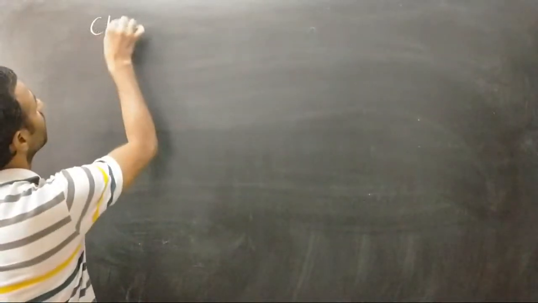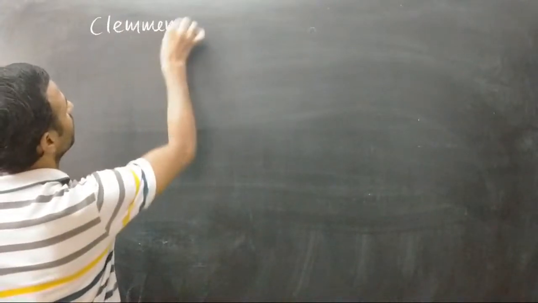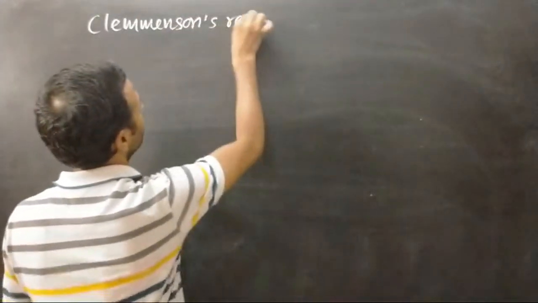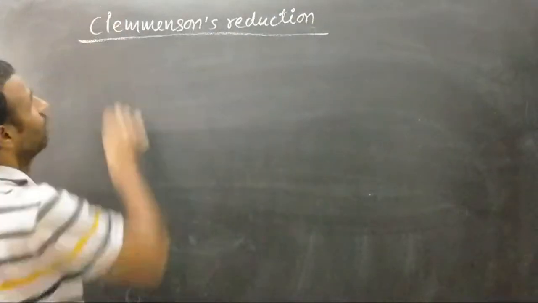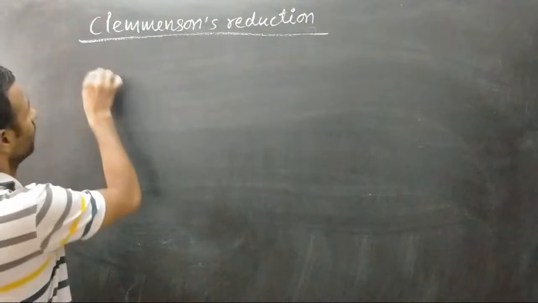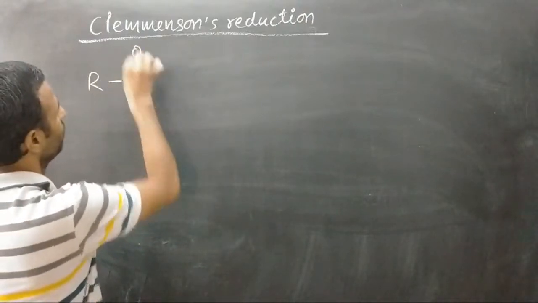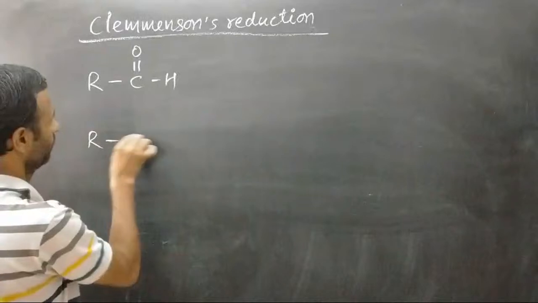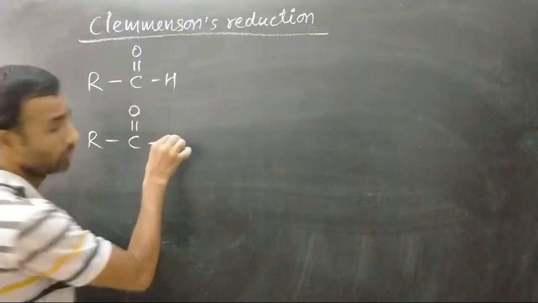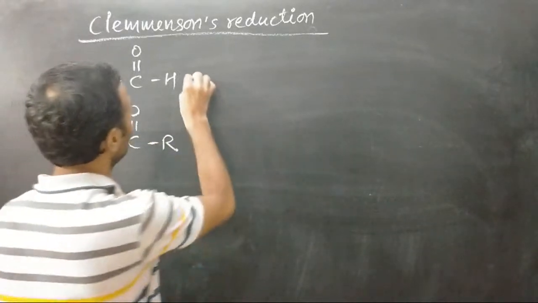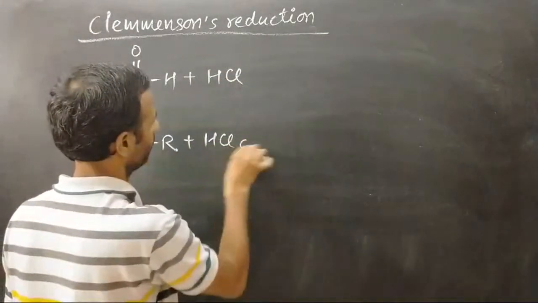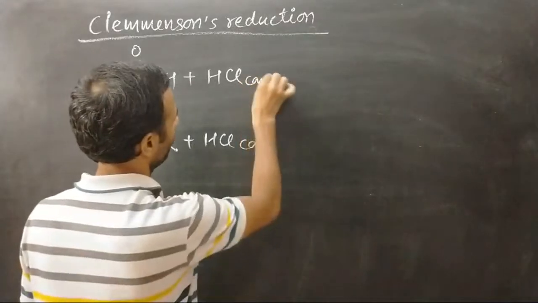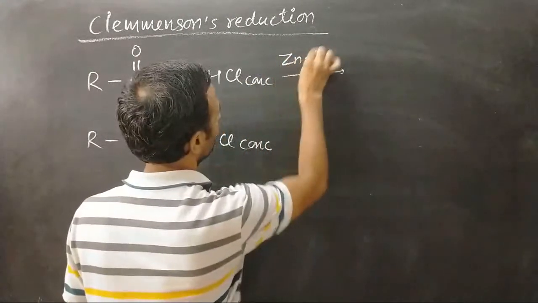Okay, so first we will do conventional reduction. So in conventional reduction, what we do, see, we have an aldehyde or ketone with concentrated HCl and zinc amalgam.